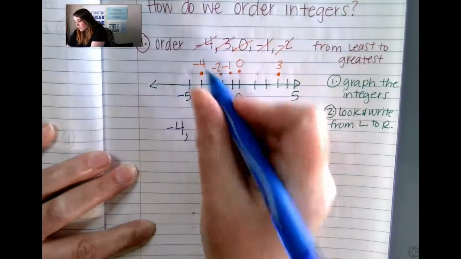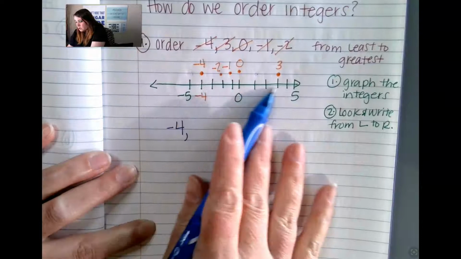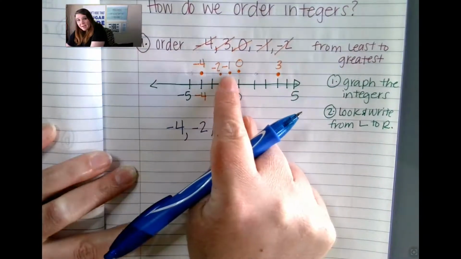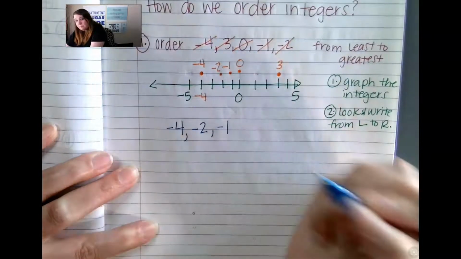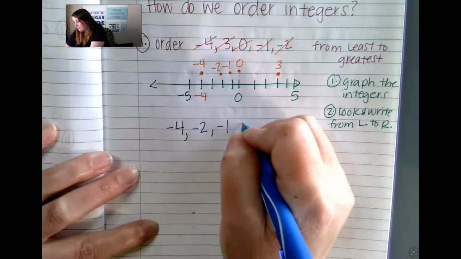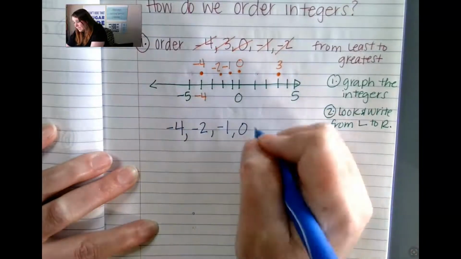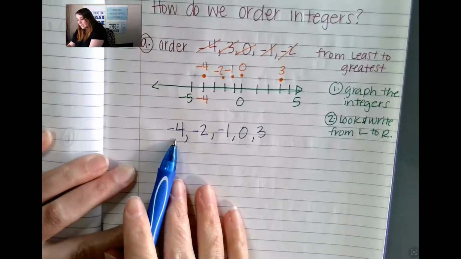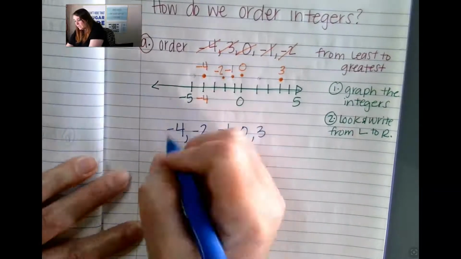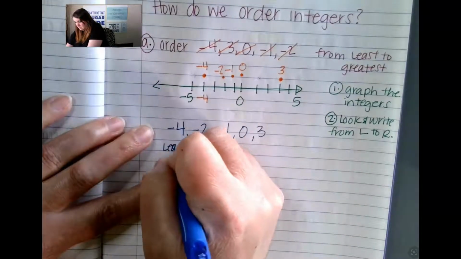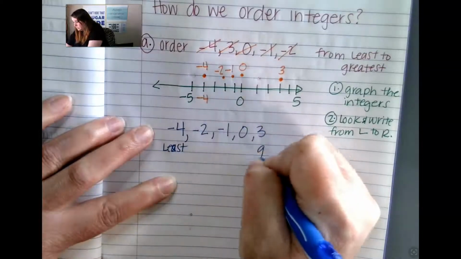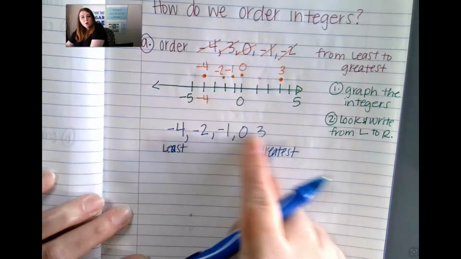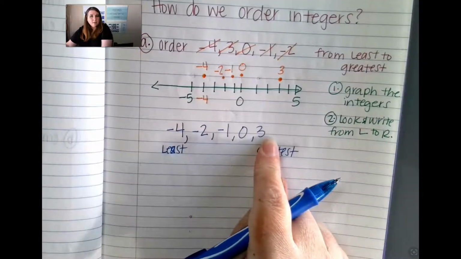The next one, as I'm reading from left to right, is -2. I then have -1. I have a 0. And last but not least, I have 3. So my answer from least to greatest is -4 all the way to +3.